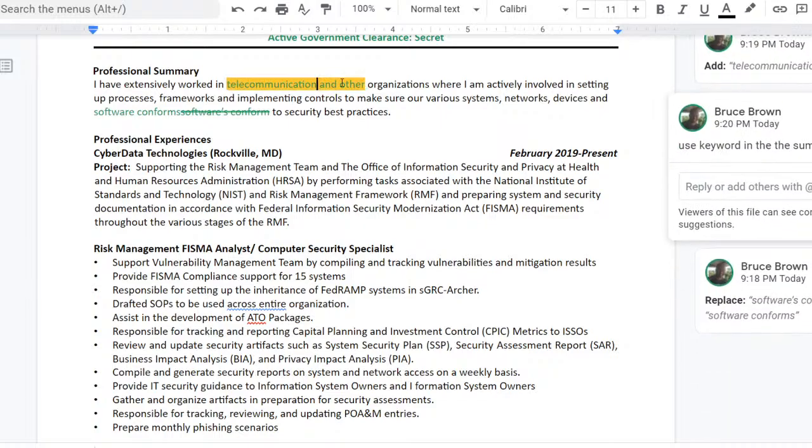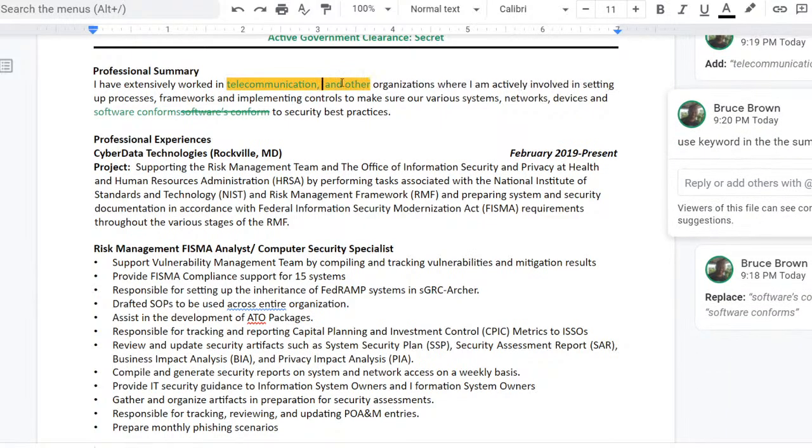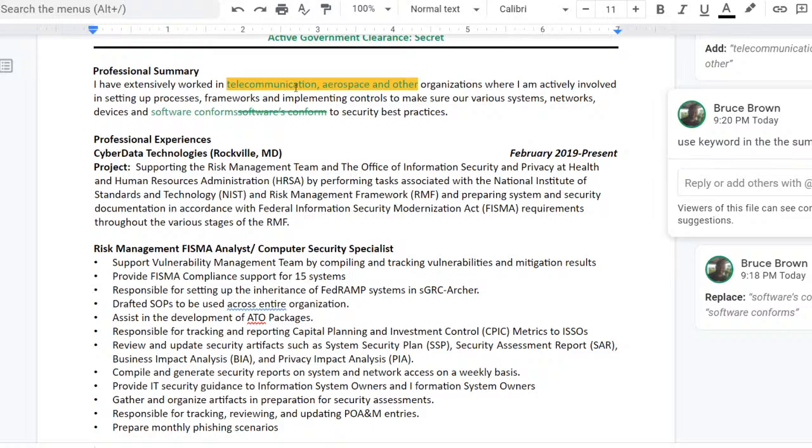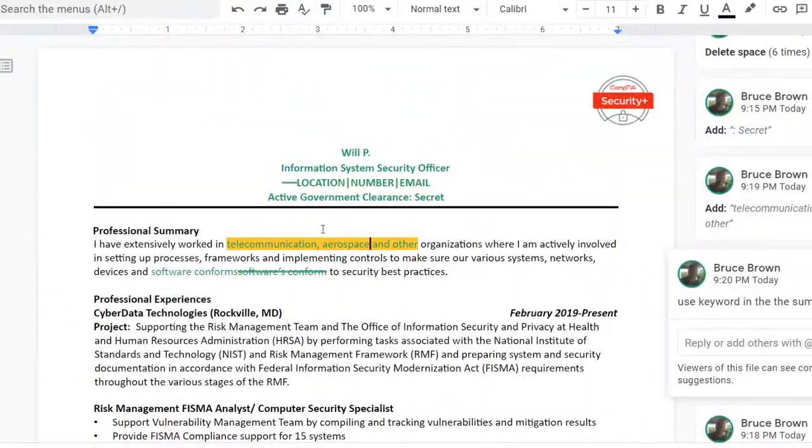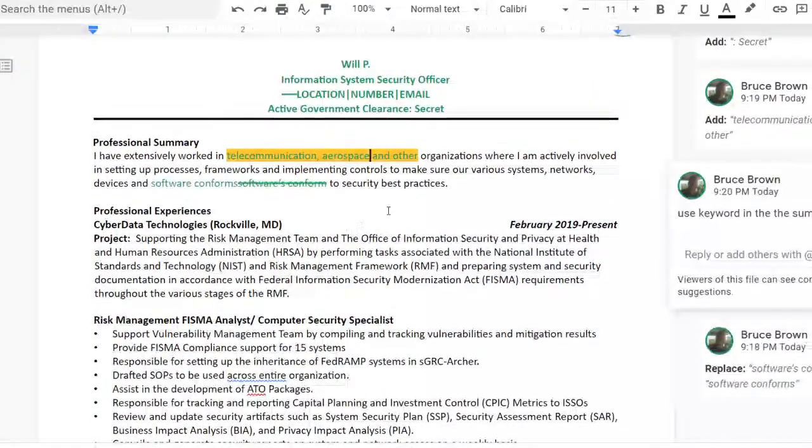And in fact, I'm just going to go ahead and add aerospace and other organizations, right? So now we got a couple more keywords in there. And if it was a high level organization like NASA or the FBI, I'll put it right in there too. Where I was actively involved in setting up processes, frameworks.